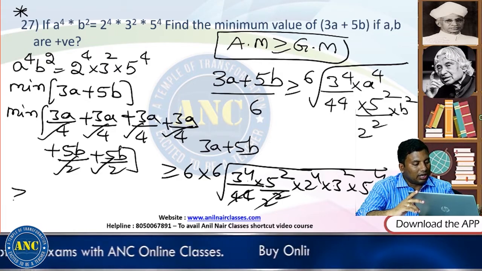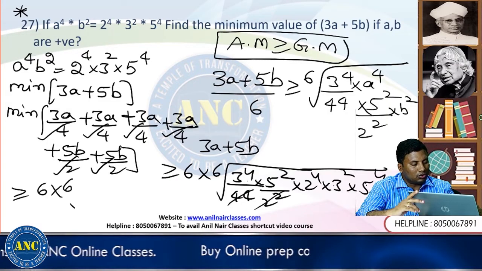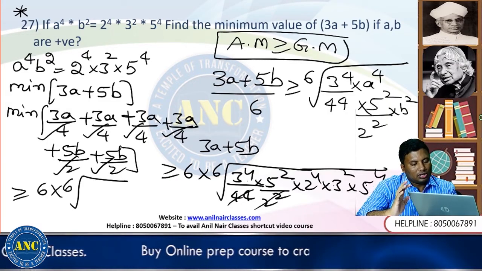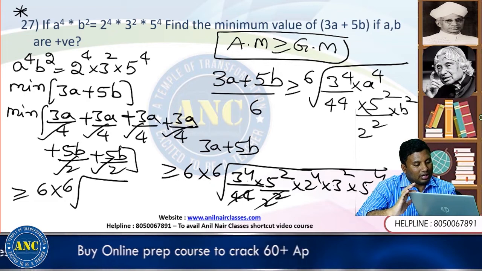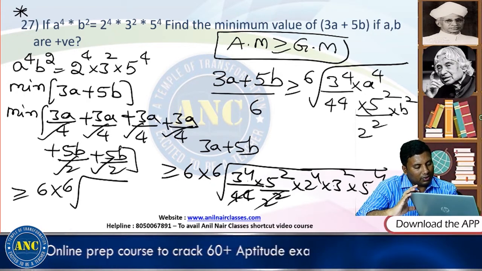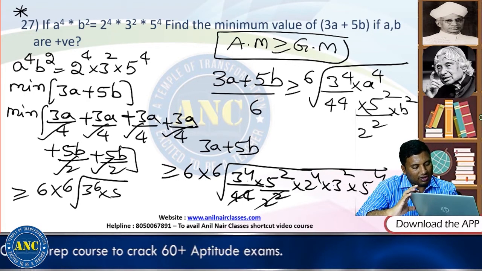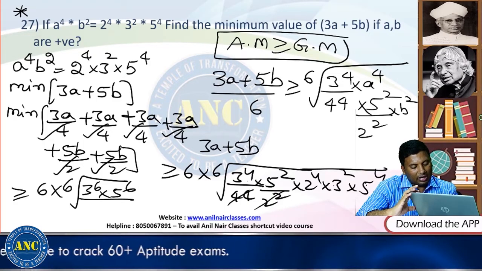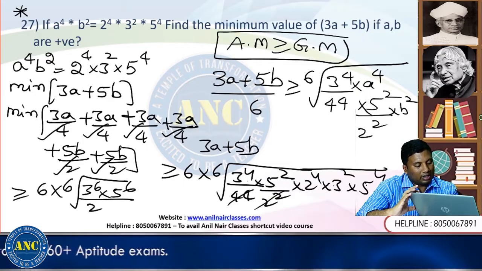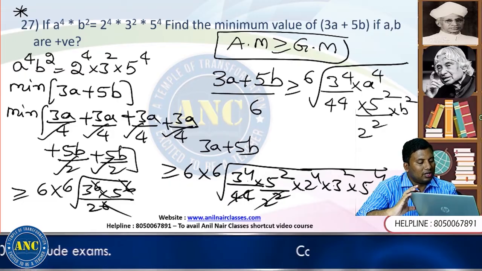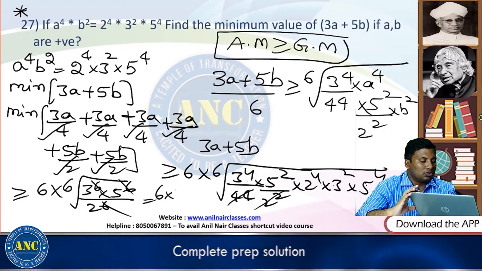So what all I got? 6 into the 6th root of 3 power 4, 3 power 2, 3 power 6, 5 power 6 divided by 2 power 8, 2 power 10, 2 power 6. All will go away. So 6 into 3 into 5 by 2.